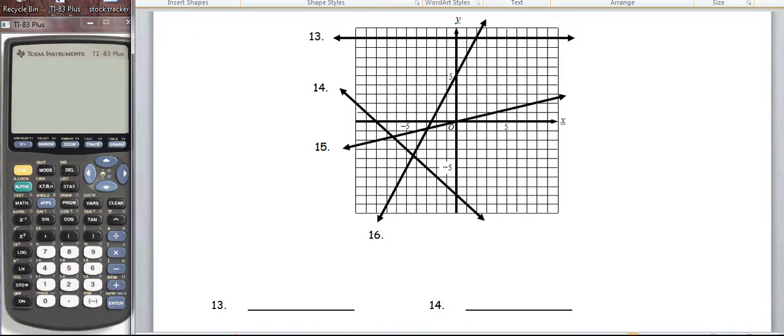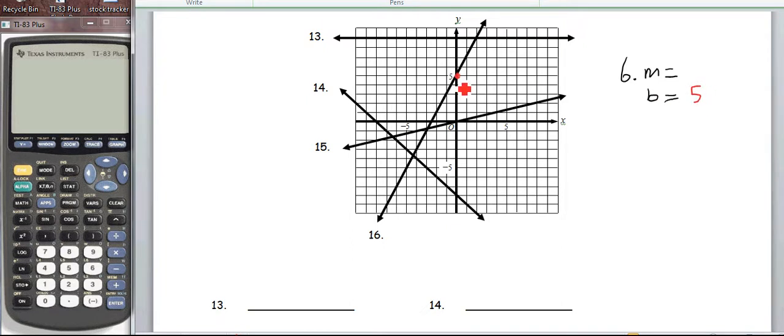And I'm going to write out the way I'm thinking here so that you can kind of visualize what I'm talking about. So number 16, I'm going to write my m equals and b equals. Okay, and let's see, number 16, if I look at it, it crosses my y-axis right there at 5. So my beginning point, B, is 5.